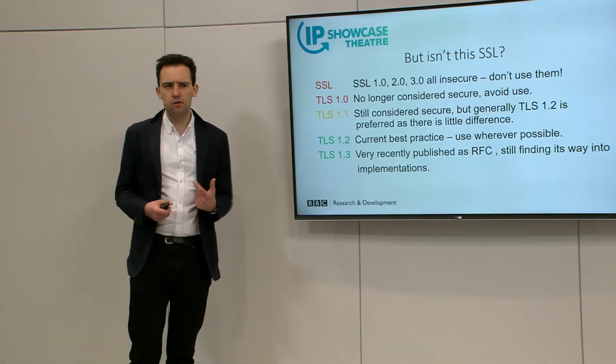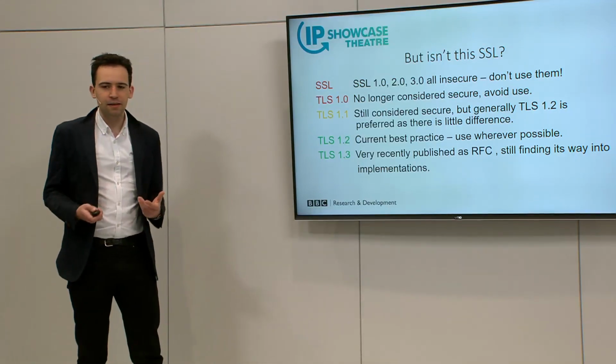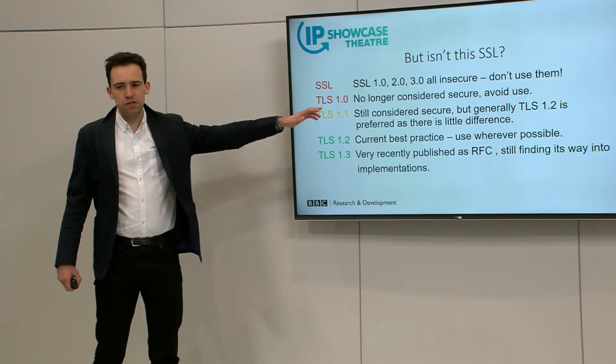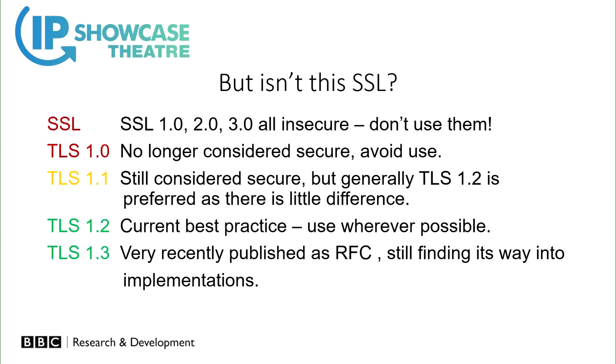You may have heard of this technology referred to as SSL. That's a little bit of a misnomer, so I've been careful with my language not to call it SSL, because actually all three versions of SSL are now insecure. TLS 1.0 itself is actually considered insecure as well, so really you would only hope to see TLS 1.1 and above.